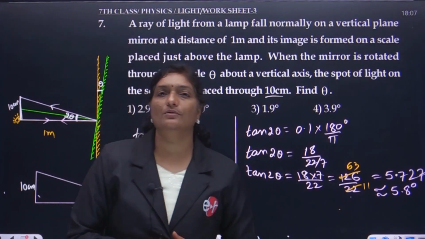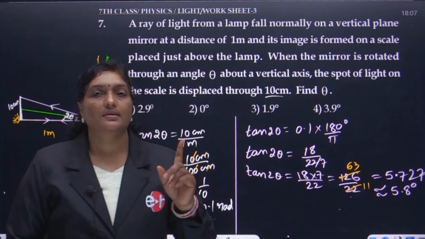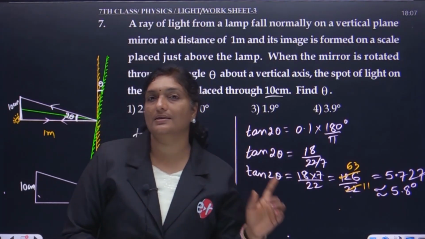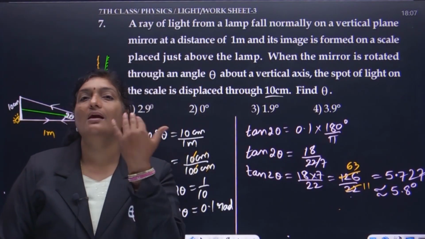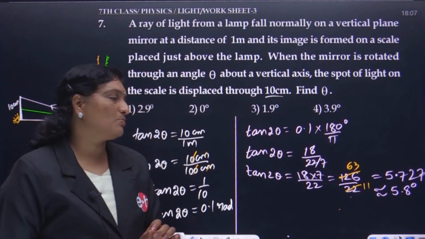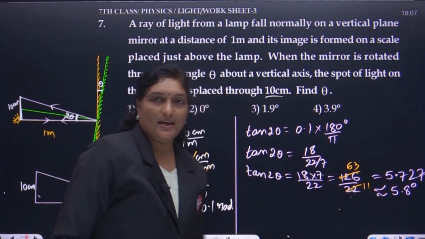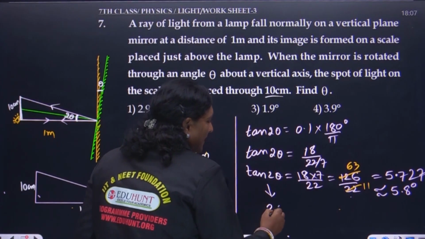For smaller values of angle, remember children, the trigonometric function sin theta is approximately taken as theta, whereas tan theta is approximately taken as theta only for small angles, less than or equal to about 5 degrees. So for this, as the angle is very small, I can approximately consider tan 2 theta as 2 theta.